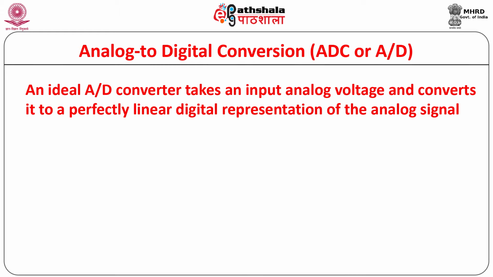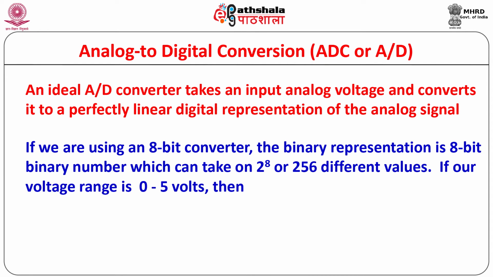AD converters, depending upon the output, may be 4-bit, 8-bit, 12-bit and so on. If an AD converter has 8-bit output, then it is known as an 8-bit ADC. If it has 12-bit output, then it is known as a 12-bit ADC.